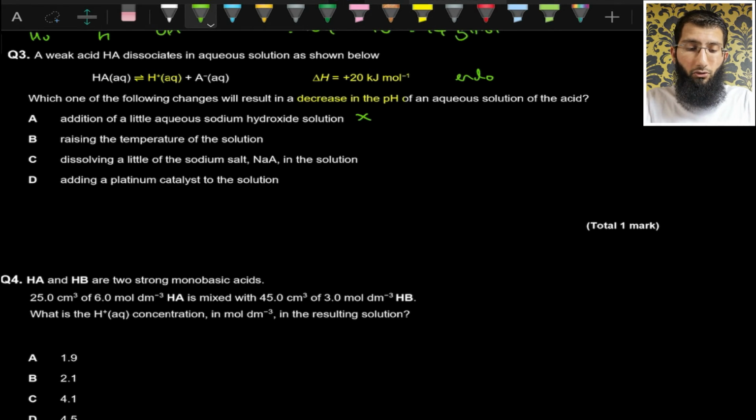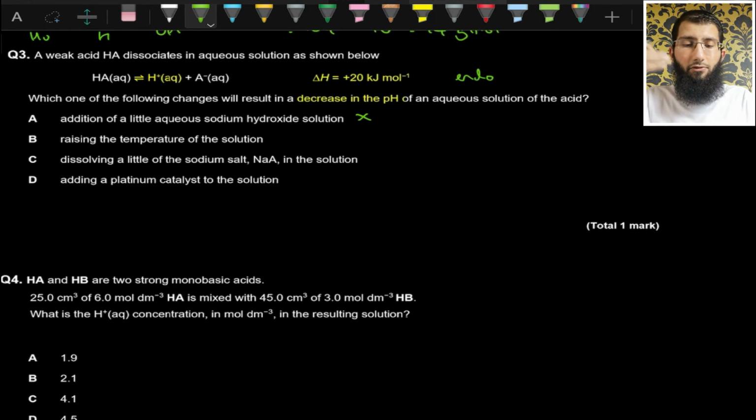Raising the temperature of the solution. Well, if we raise the temperature for a reaction in equilibrium, it shifts the equilibrium towards the endothermic direction. And we know the endothermic direction is to the right hand side, as the enthalpy change informs us.